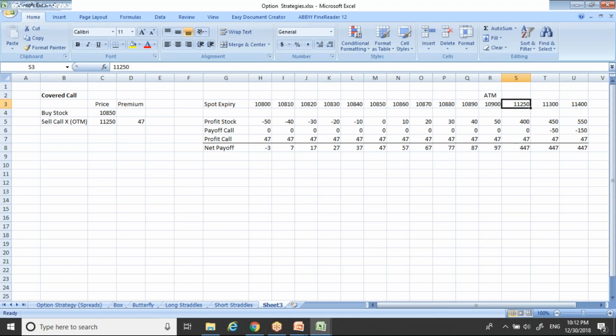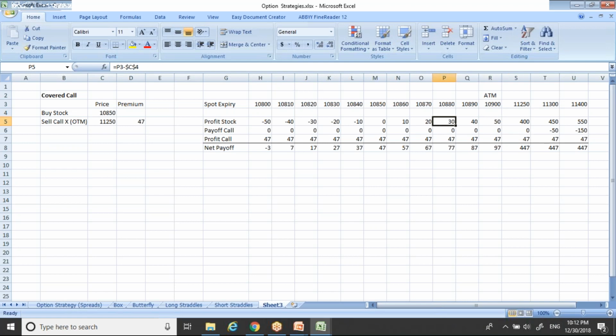So till 11,250, I'll make profit from futures, and also I'll have a limited profit from call option. So call option gives you extra profit other than the normal gain from the shares.